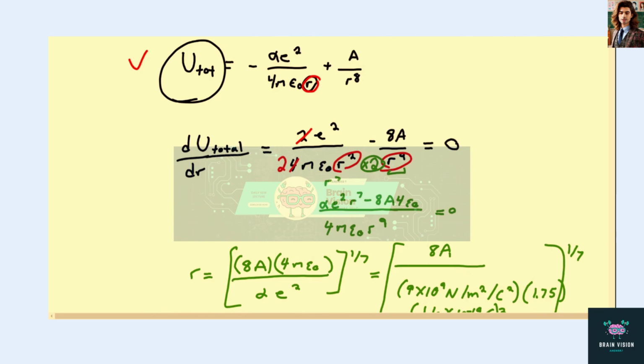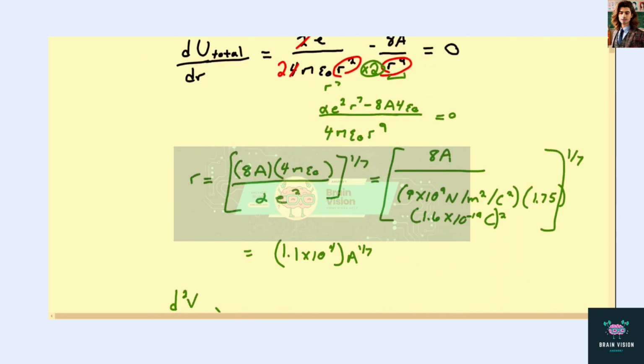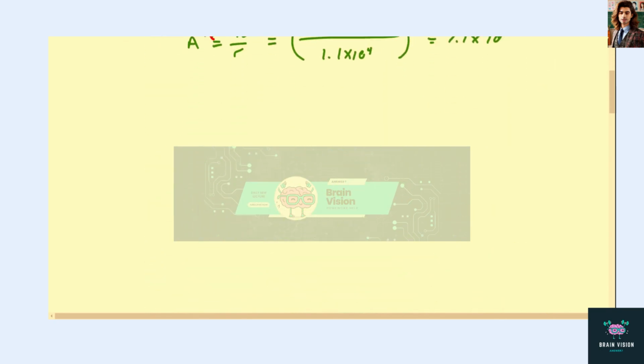Okay, now we know all the values. So since we know all the values, what I'm going to rewrite down here is I'm just going to do one part at a time, and then we'll just add them together. And we have 4 pi epsilon naught r. And here we have 1.75.